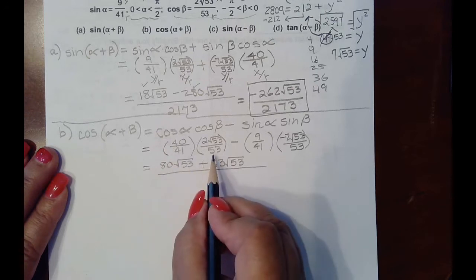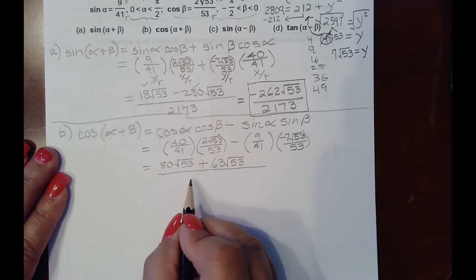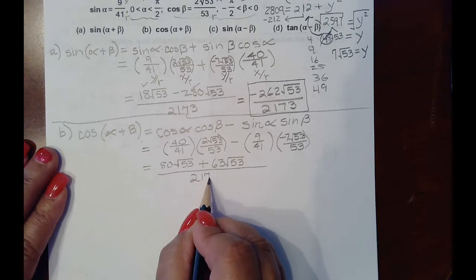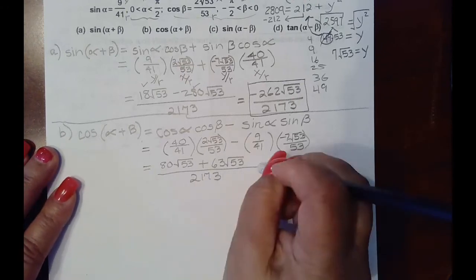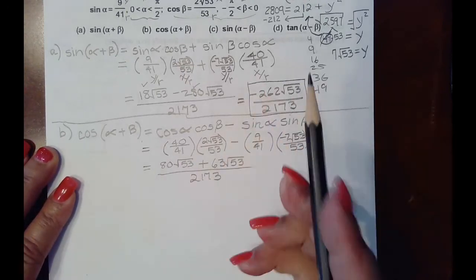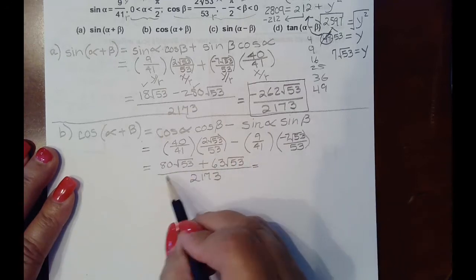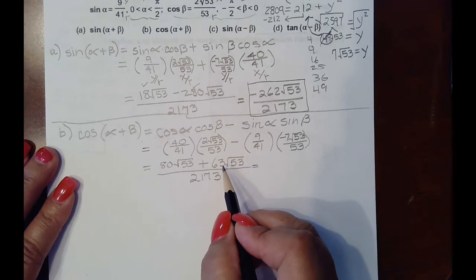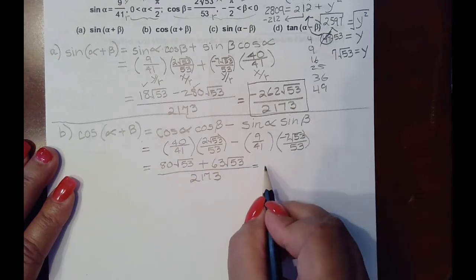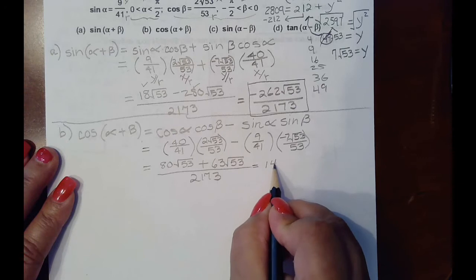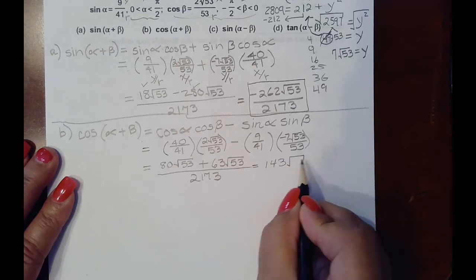And then 41 times 53, we already know from part A that that's 2173. You can combine these two terms in the numerator because they are both square root of 53 terms. So 80 plus 63, just add the coefficients, and that turns out to be 143 square roots of 53.